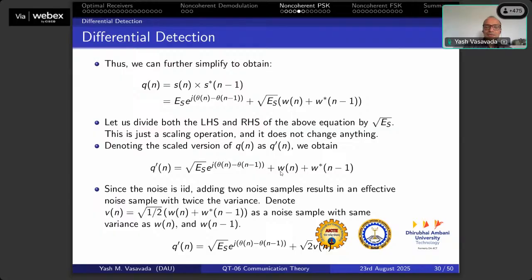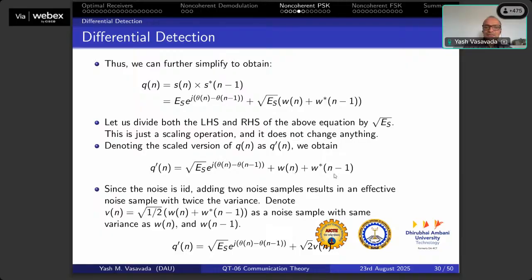Let us see first of all what happened in terms of noise. Previously, I had only one noise component. Now I got two noise components, W n plus W conjugate n minus 1. And these two are, roughly speaking, independent and identically distributed random variables. When you add them, basically the power of the noise increases by a factor of 2, or the standard deviation goes up by square root of 2.